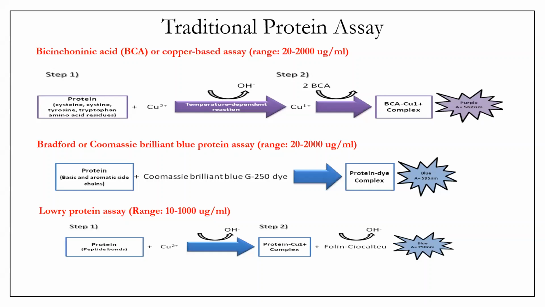In this, the protein peptide bonds bind copper, and then we have to use the Folin-Ciocalteu reagent. After the incubation, we measure the absorbance at 750 nanometers. So these are the traditional protein assays which are normally done and preferred because they are much less expensive and done in less time.